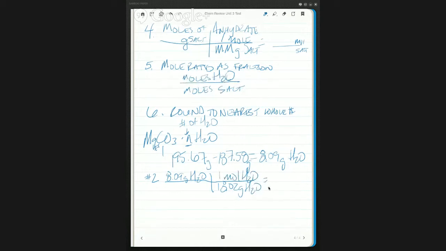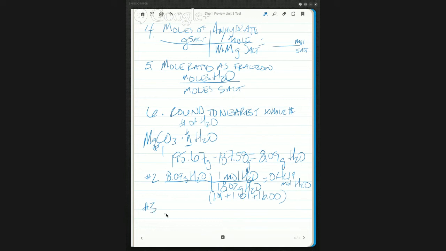By the way, that 18.02 comes from adding up 1 oxygen and 2 hydrogens: 1.01 plus 1.01 plus 16.00, that's 18.02. I'm sorry if I didn't explain that part. So I have 0.449 moles of water. Good.